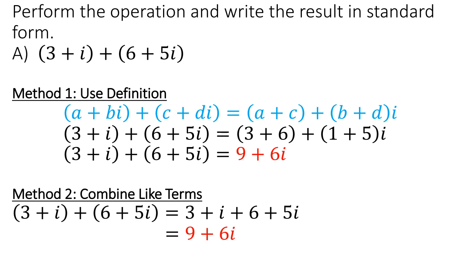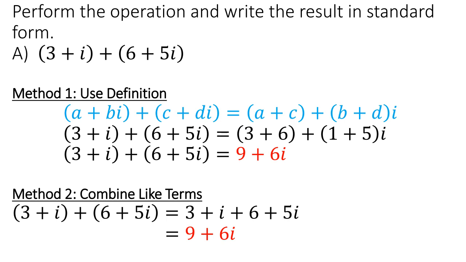So these are two ways of doing it. I like the definition method better because it already puts my answer in standard form, which is real plus imaginary. If I do it this way, I may forget to put the real first. But again, whichever you see best, they all work the same.